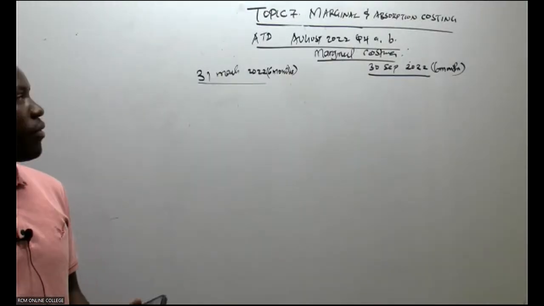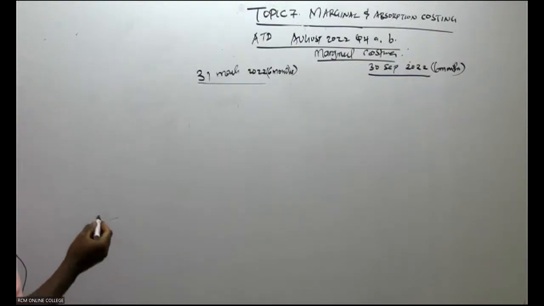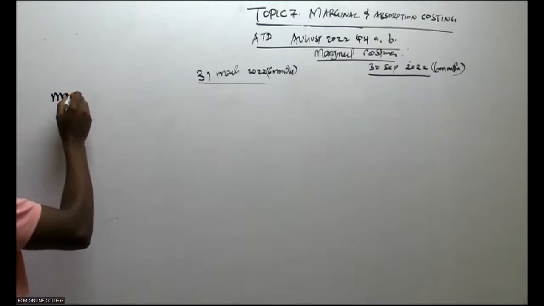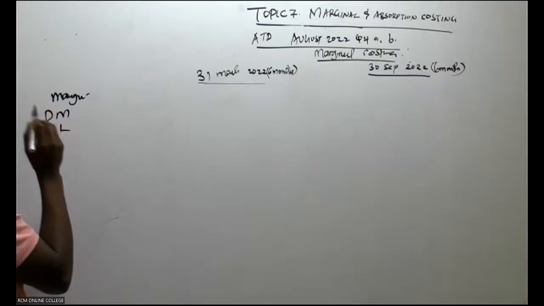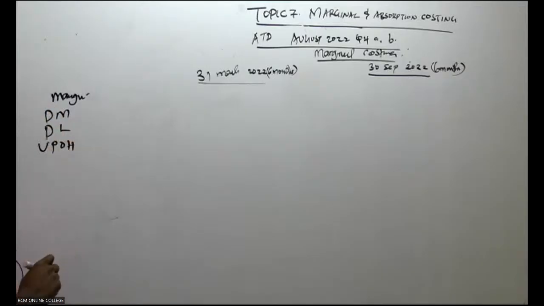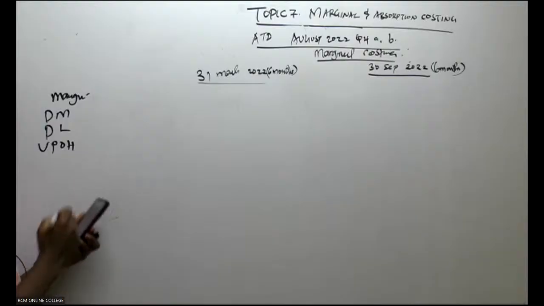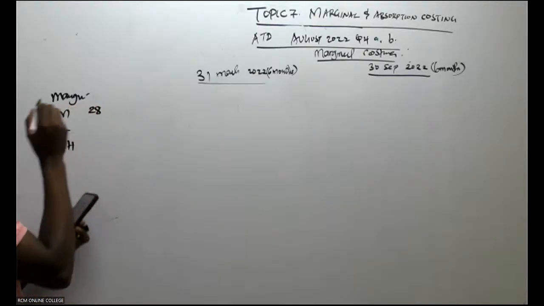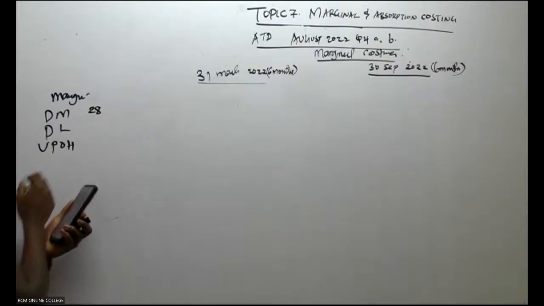Okay, now let's look at the question. Remember, for you to get the cost under marginal, it is direct material, direct labor, plus variable production overhead. So do we have the three? Direct material, we've been given there that direct material per unit is 28. Direct labor cost per unit is 18.